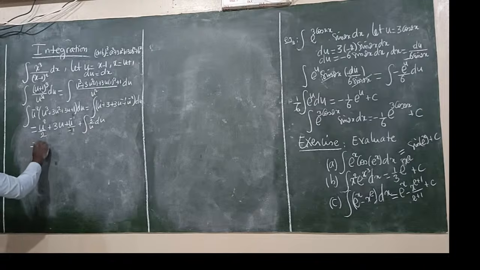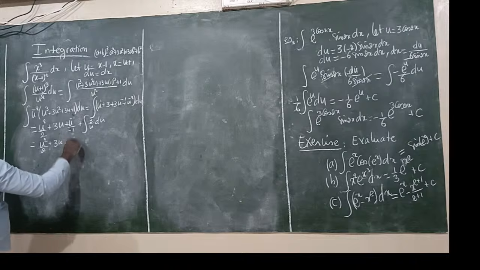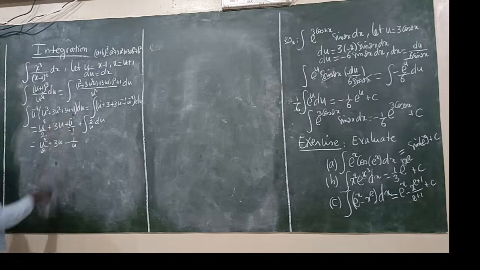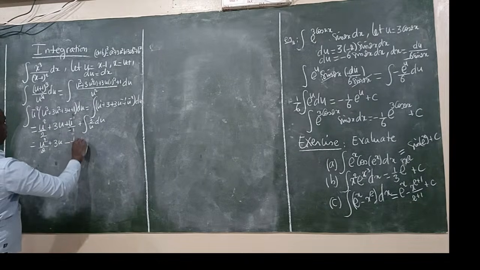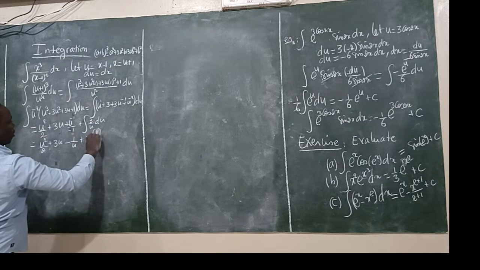This is u^2 over 2 plus 3u minus 1 over u, because of this minus power, plus 3 times the integral of 1 over u du.